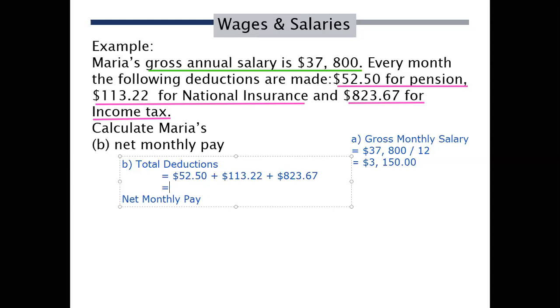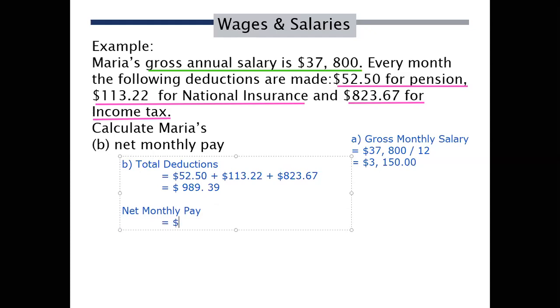And so we're going to add the three of those together. And so when I do calculate them, I find that each month she is paying a total of $889.39 in just deductions.